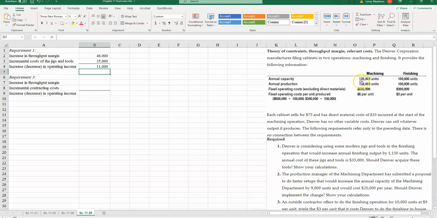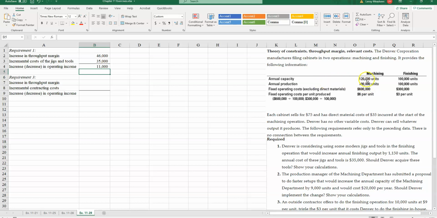We already have capacity for 120,000 units. Is this our bottleneck operation? No, it's not. So would adding capacity even make sense in this situation? No, because I can add all the capacity I want. Let's say I spend $20,000 and I get another 9,000 units of capacity per year.